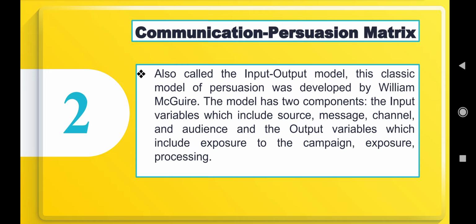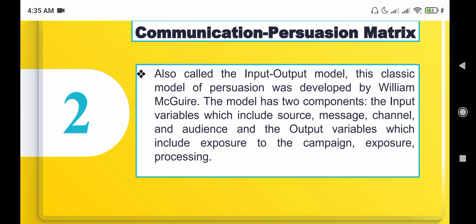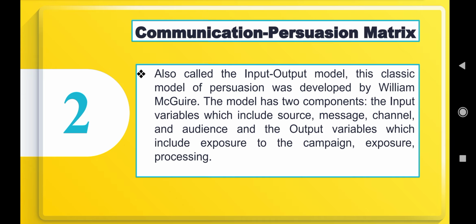Let's take the smoking cigarettes campaign as an example. The input variable is how communication persuasion works, and the output variable is how it will be delivered to the target audience. The input variables here are source, message, channel, and receiver, and destination.